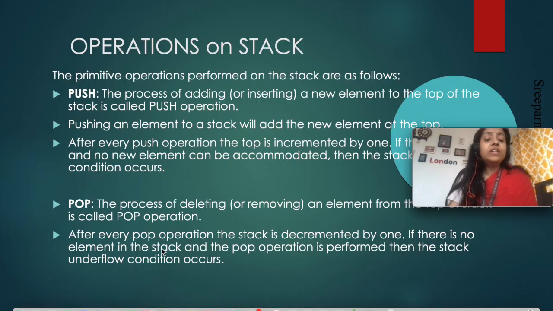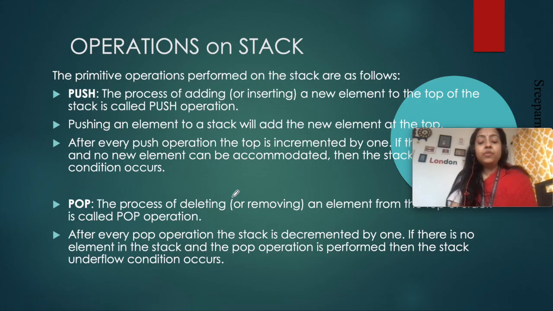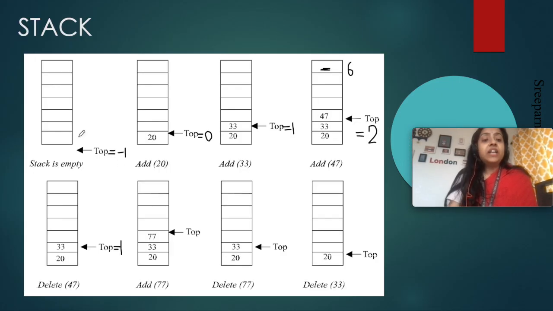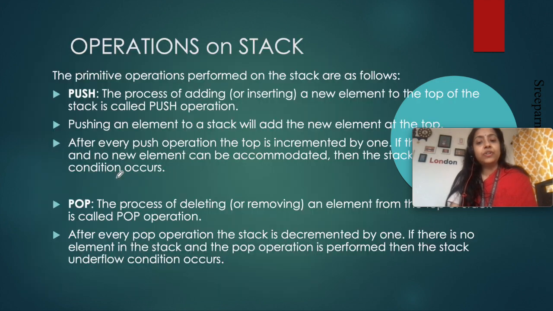If there is no element in the stack and the pop operation is performed, then the stack underflow occurs. So if you note carefully, if the value of top is minus 1, it means that the stack does not have any elements now. That means we cannot pop. So we say that this condition is called stack underflow.